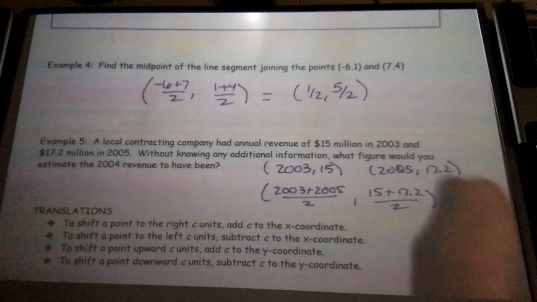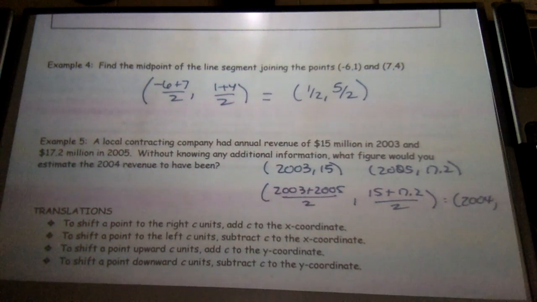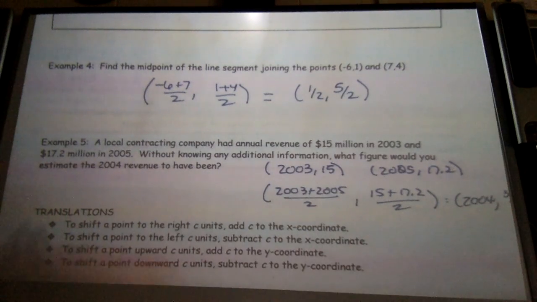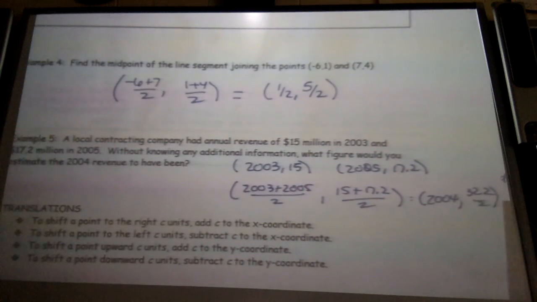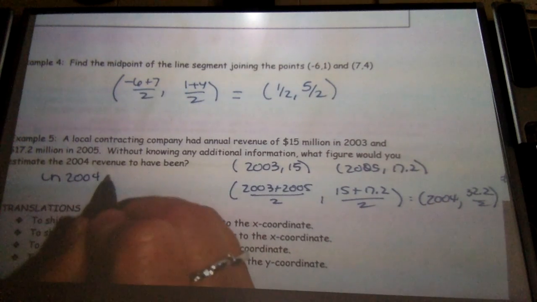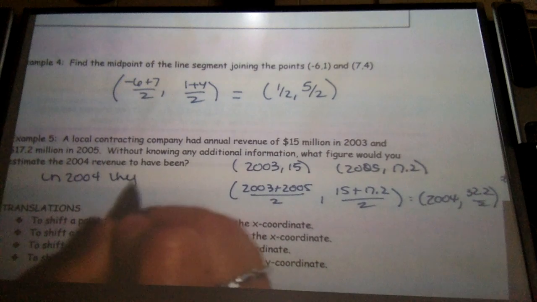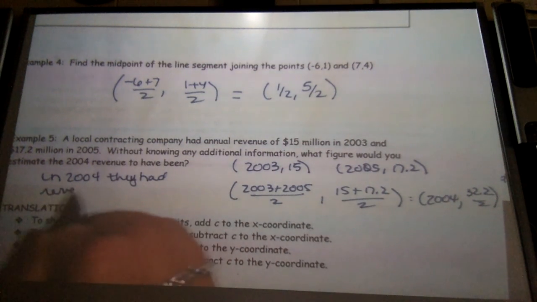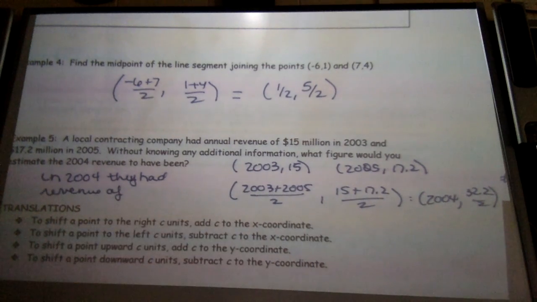We're good. 15 plus 17.2 is what? 32.2 divided by 2. So in 2004, they had revenue of what? 16.1 million.